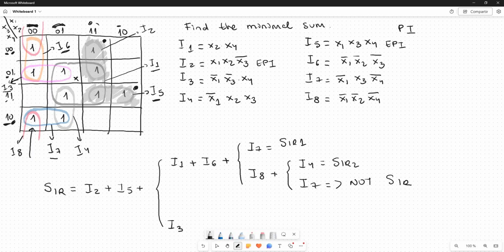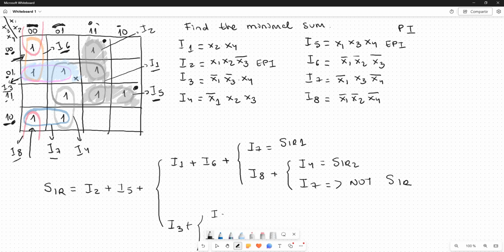If we use implicant 3, we are covering these two ones. So we still have to cover this one in the top right corner. To cover it, we can use implicant 6 here, or implicant 8 that is here. Do you see it? We are going to explore both possibilities.